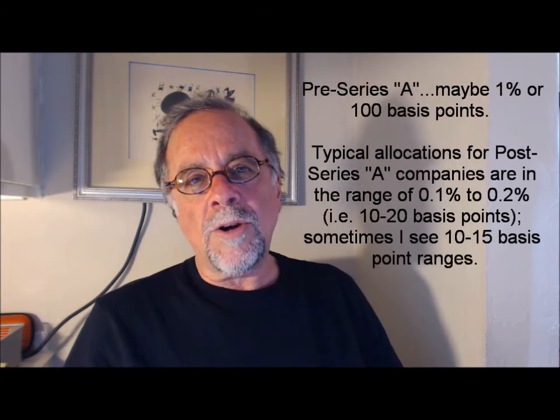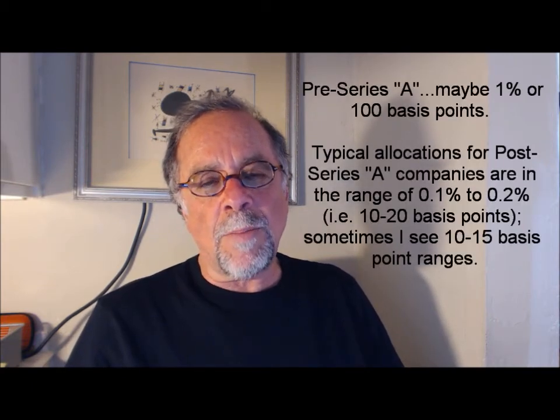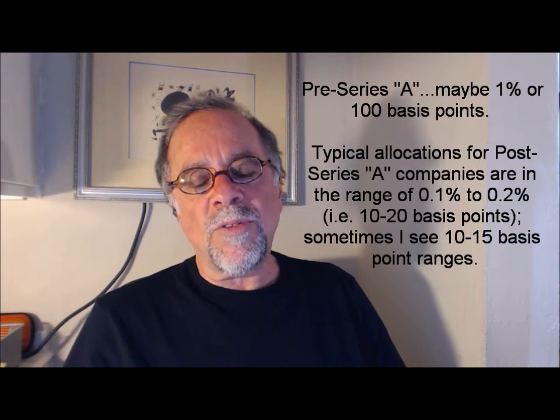And so what I often see is the stock is distributed as follows. It could be that a seed round happened, and the first, maybe 5 engineers may get 100 basis points each. That could be 1%.